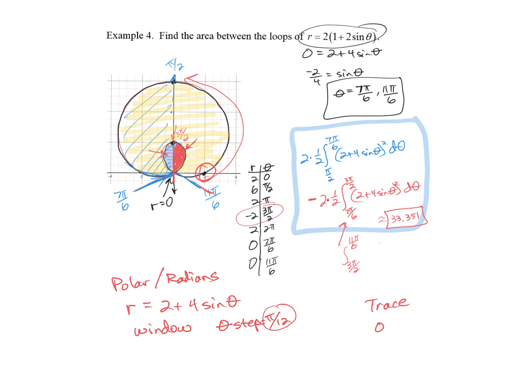Another thing you want to change on the window is your X-min and X-max. They do them by the rectangular, not the polar. So you've got to be thinking, well, I've got to get up here to see at least the 6. You can adjust them in here, and the Y-min and Y-max too, so you can see it better.